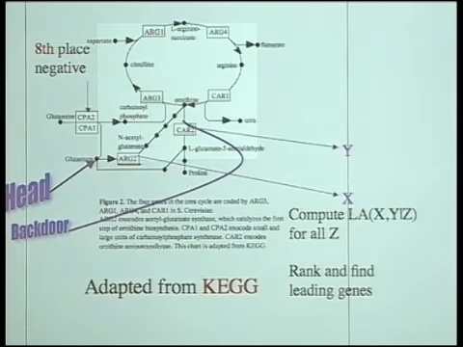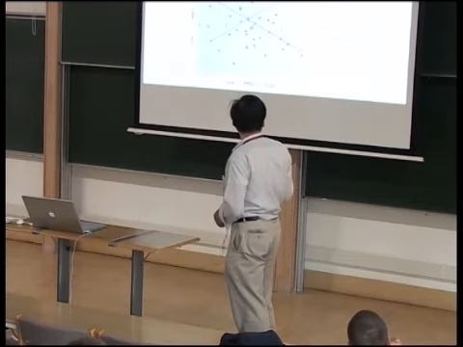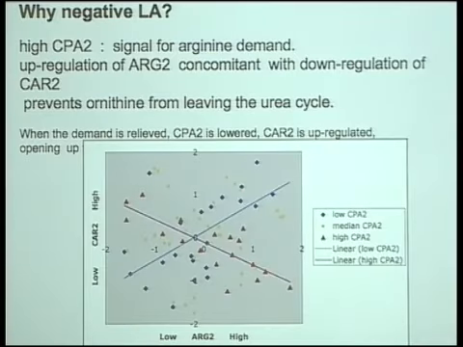And carbamoyl phosphate would not be available unless you turn these genes up. So when this one is up, the glutamine will be used to generate the carbamoyl phosphate, and then it will combine with this one and go this way. So that's how we think that when CPA2 is high, it is an indication of the cell's need for arginine.